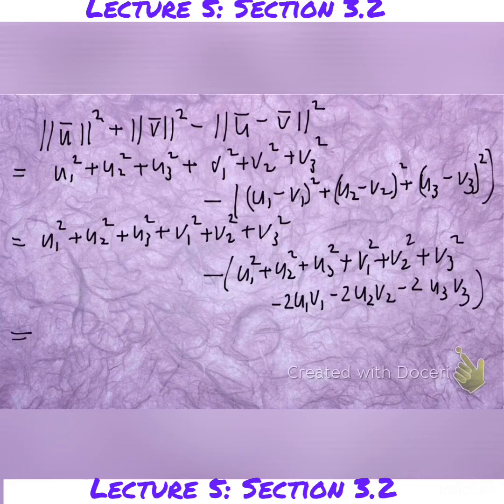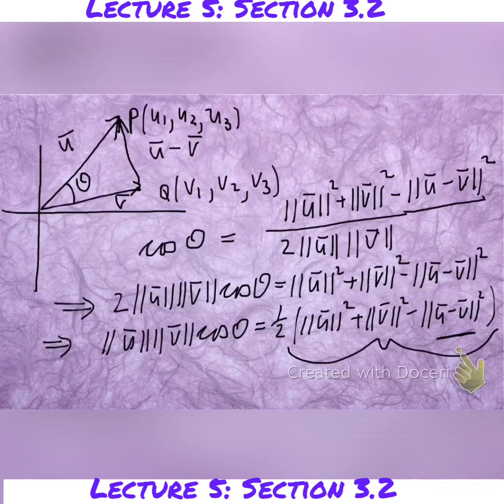And then, just simplifying that, all the square terms are going to cancel out, and you're basically going to be left with twice u1v1 plus u2v2 plus u3v3.